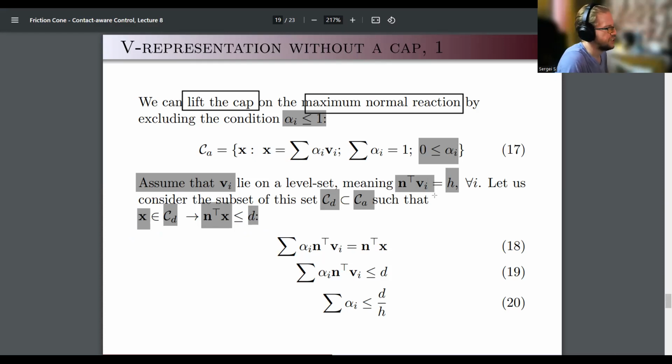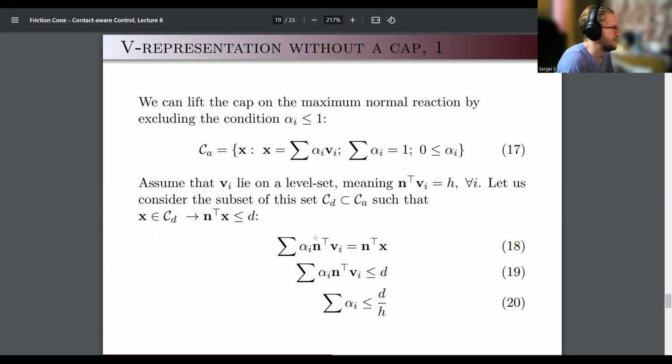V sub i is in the level set h, and C sub d is below level set d. Now let's remember that any point is being represented as this, so in this expression we can replace x with the sum of alpha i V i. That's what we do here.